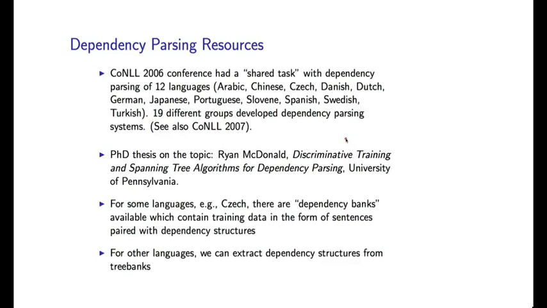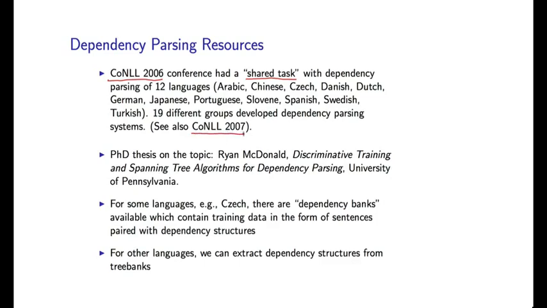So in 2006, a conference called CoNLL had what was called a shared task, basically a friendly competition between different groups, where they released dependency parsing datasets for actually 12 languages. So Arabic, Chinese, Czech, Danish, Dutch, German, Japanese, Portuguese, Slovene, Spanish, Swedish, Turkish. And 19 different groups developed dependency parsing systems and compared their results on these datasets. A very similar setup was seen in CoNLL 2007.